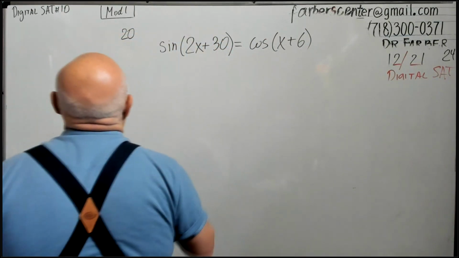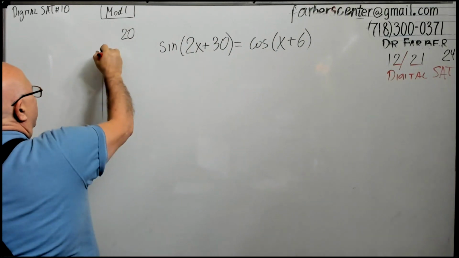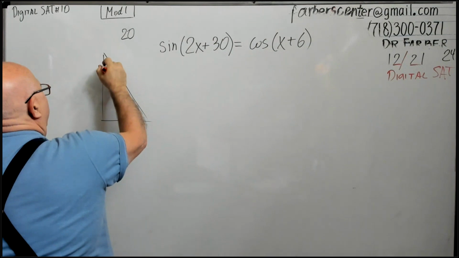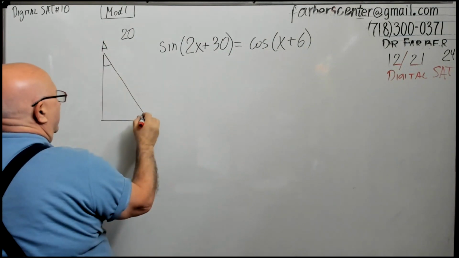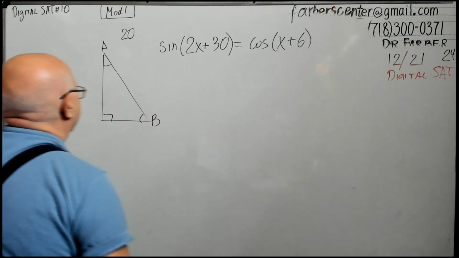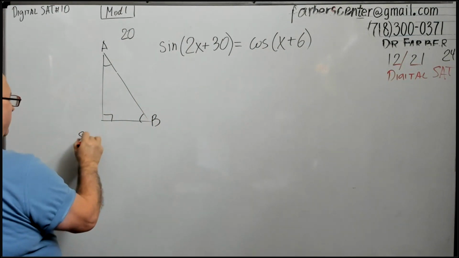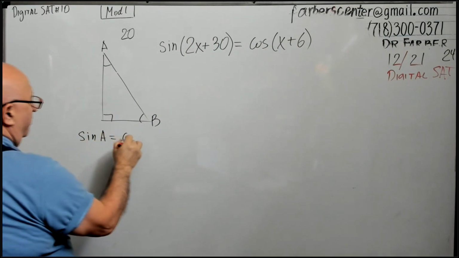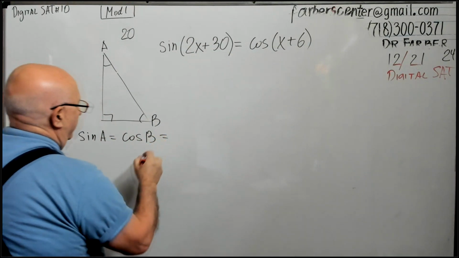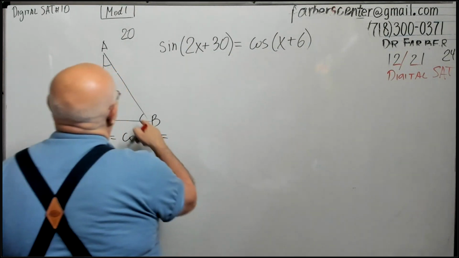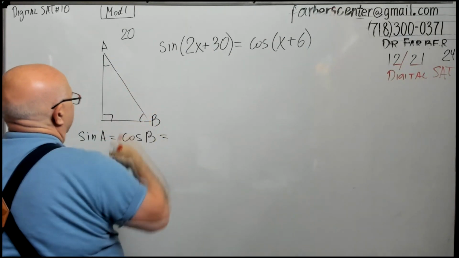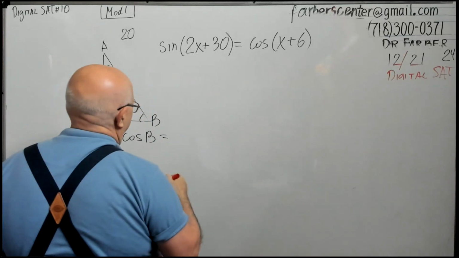You know, students, if you have a triangle and this is angle A, this angle B, and this 90 degrees. If sine of A equals cosine of B, you see this? They are complementary.